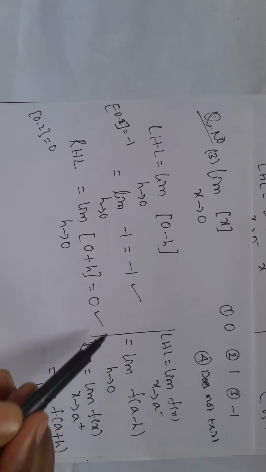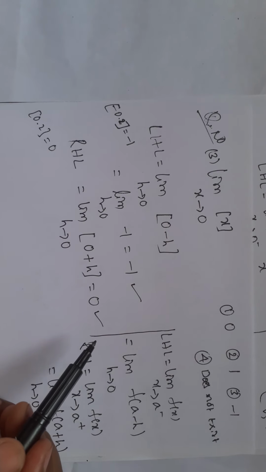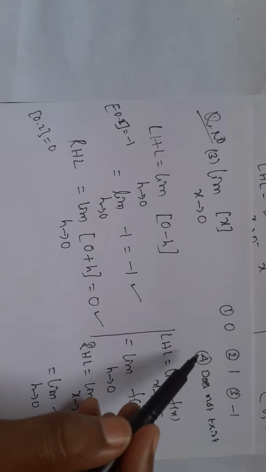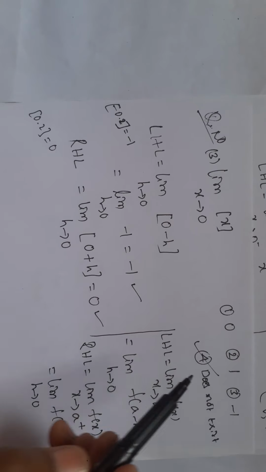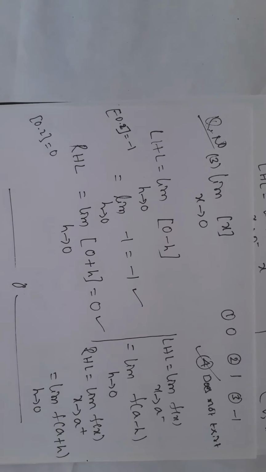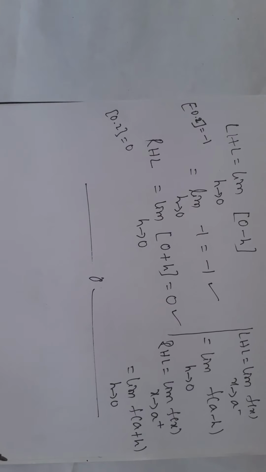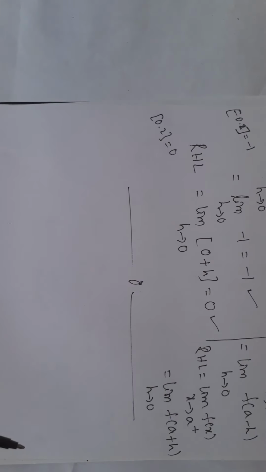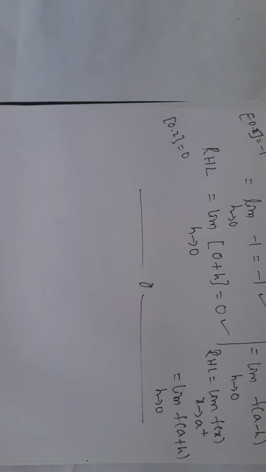LHL is minus 1, RHL is 0. Therefore, LHL is not equal to RHL, so the limit does not exist. This is the first basic idea of limit, using the definition of limit, that is, the technique of LHL equal to RHL can be used.